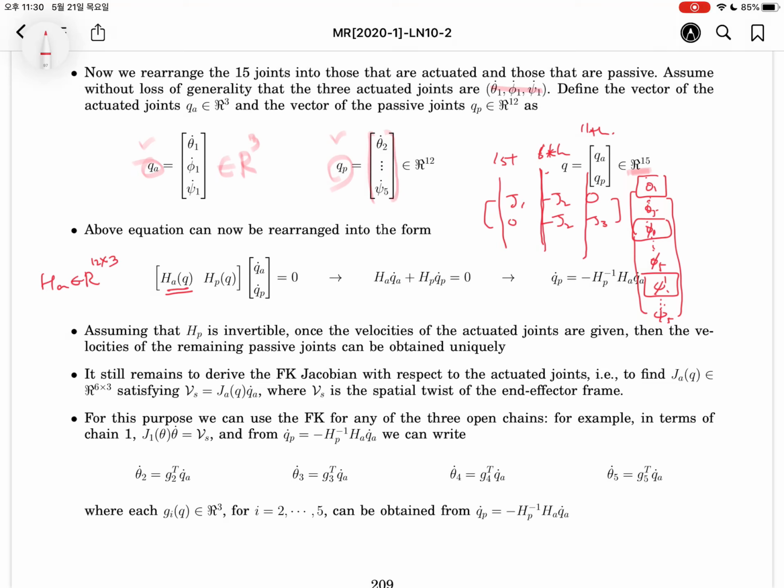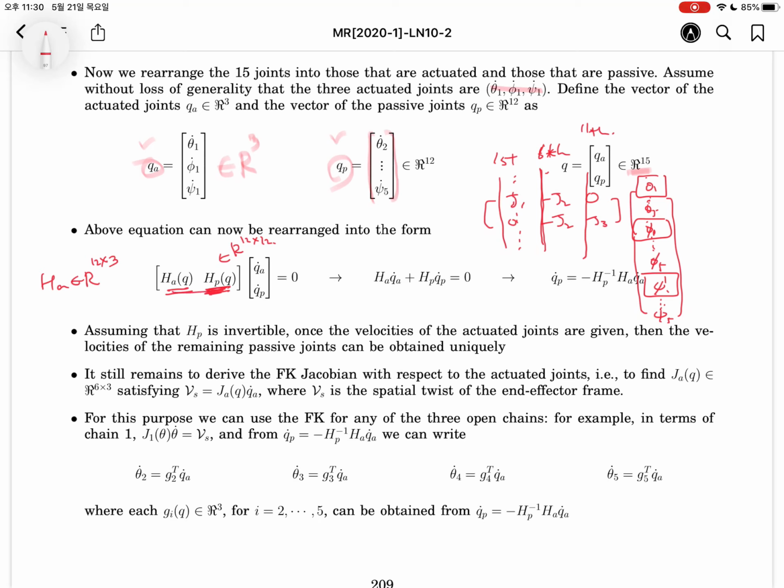Okay, the remaining column vectors will be collected to the HP. It belongs to R 12 times 12. Maybe the first column of the HP will be the second one. Like this, we can separate qA, active joint, and passive joint by exchanging the column vectors.